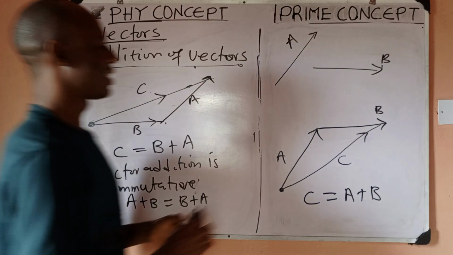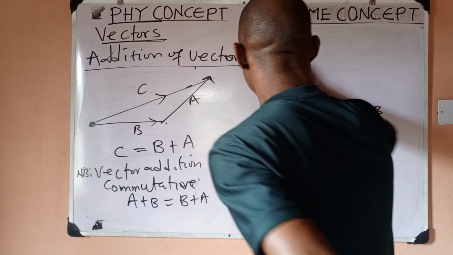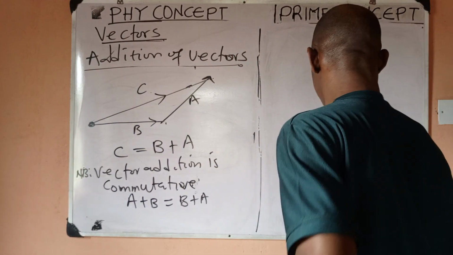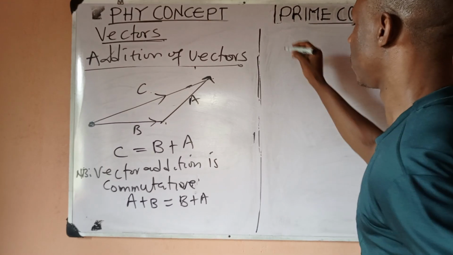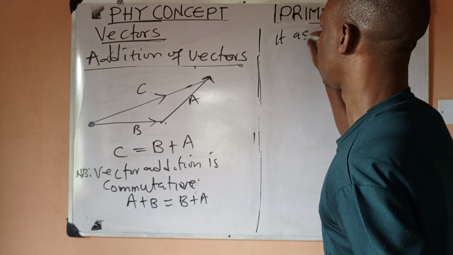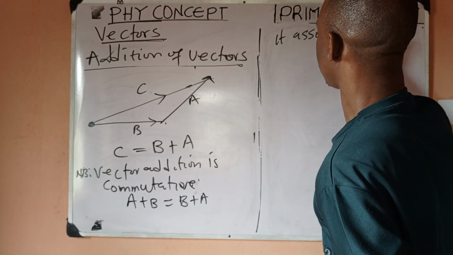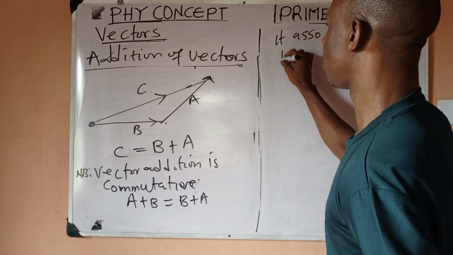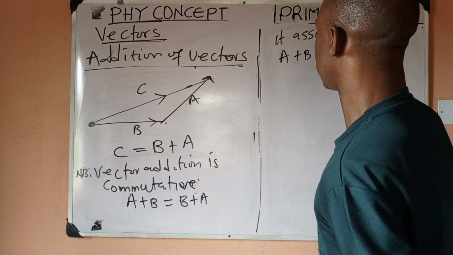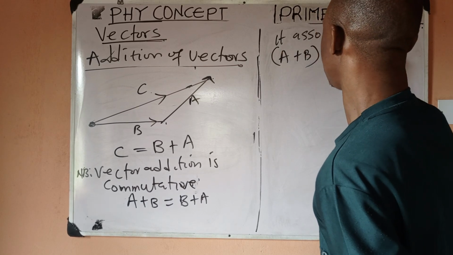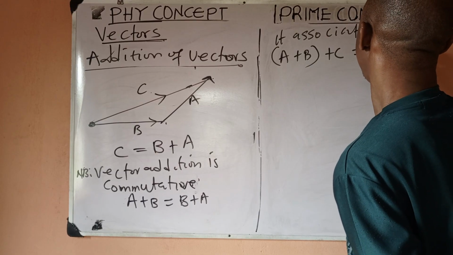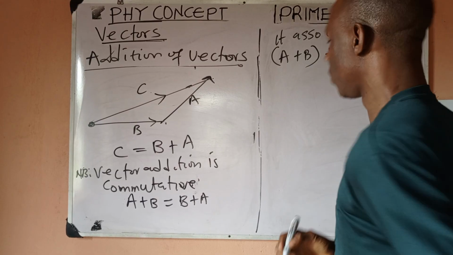Also, the second point I want you to note is that vector addition is also associative. Vector addition is associative, which simply means that A plus B plus C is the same thing as A plus B plus C, grouped differently.